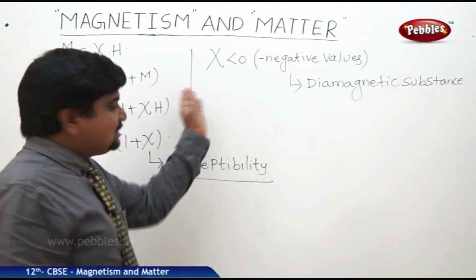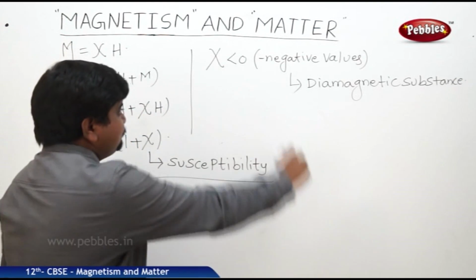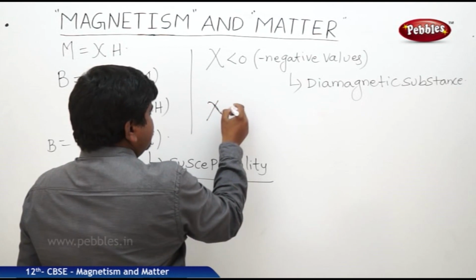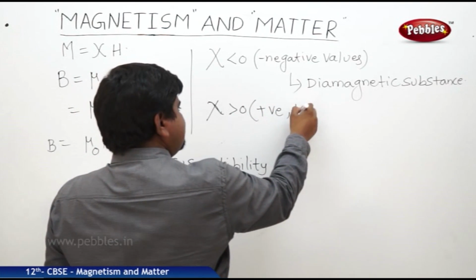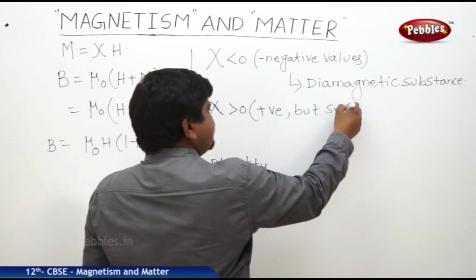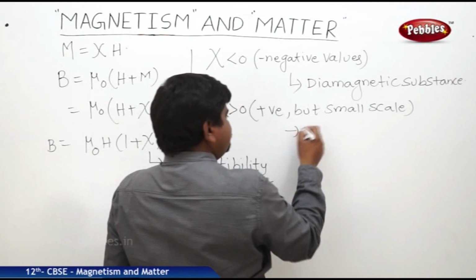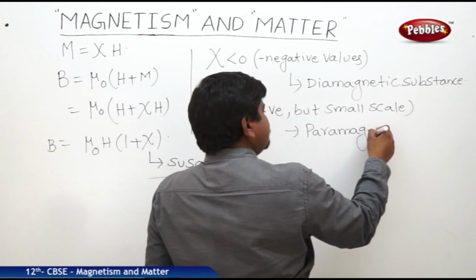If this chi value is greater than 0 but small values, not the larger one, that is paramagnetic. Greater than 0, positive, but small scale, it is paramagnetic.